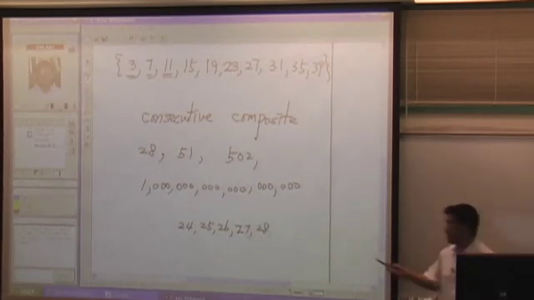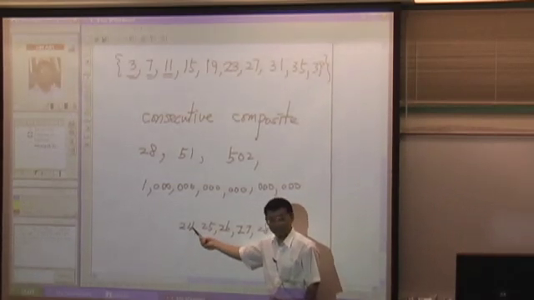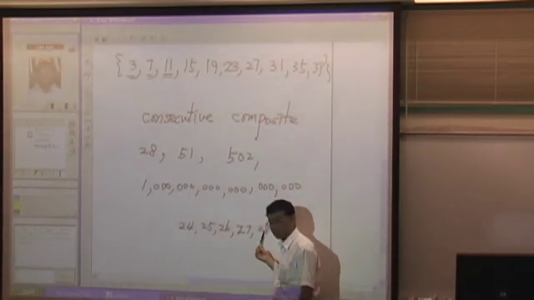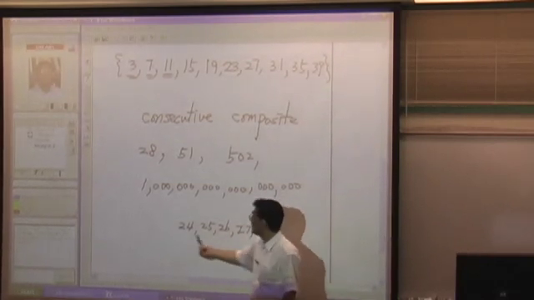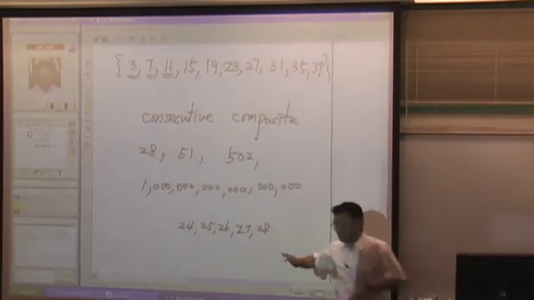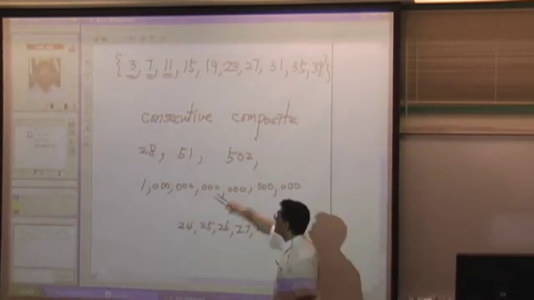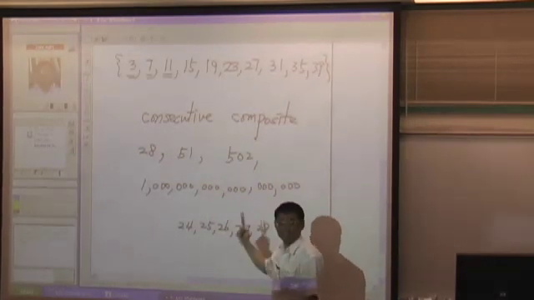Take a look. I picked 5 consecutive composite numbers. Composite, right? Composite, and so on, right? So I can pick this kind of consecutive composite numbers. So some directions are easy. The consecutive prime direction is tough. The consecutive composite direction is easy.